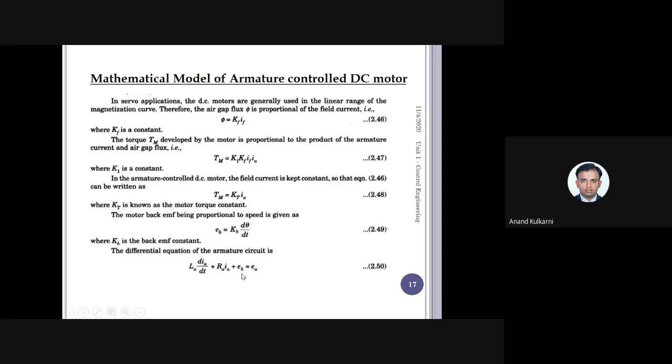So the supply voltage is equal to the drop of voltage across the inductance, which we have seen in an electrical circuit, La into dIa by dt, where Ia is the current. So the rate of change of current multiplied by inductance is the drop of voltage across the inductor, plus the voltage drop across resistance, Ra into Ia, plus the back EMF, that is Eb, which is from formula 2.49, which is equal to Ea.